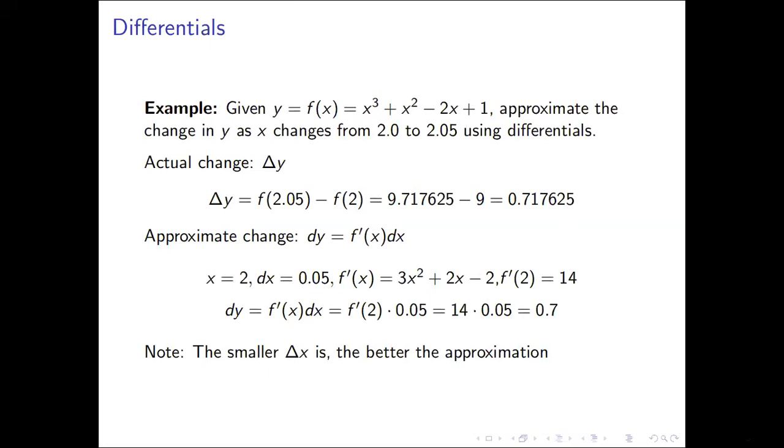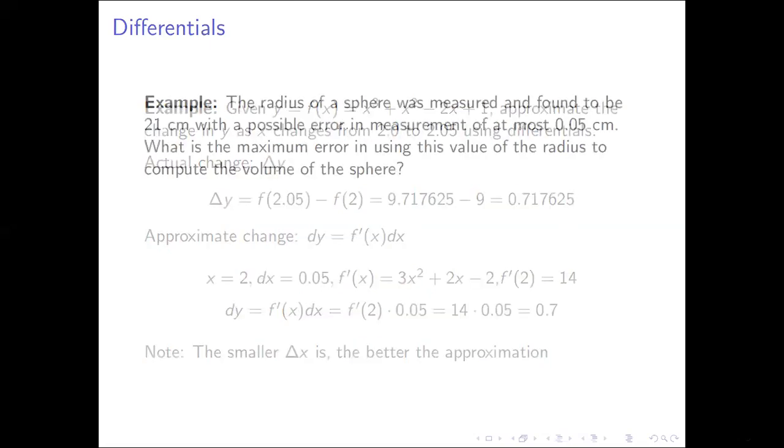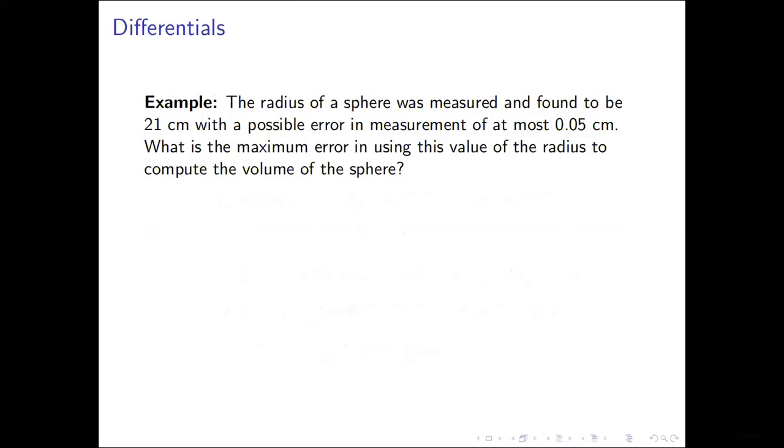Okay? So your question is, why not just use the actual values? Why bother with approximation? Well, there are problems where it's not that easy. As we shall see in the next example. So let's start with measurement. In science, you know that measurement can have an error.